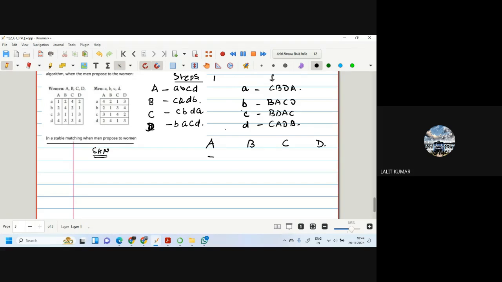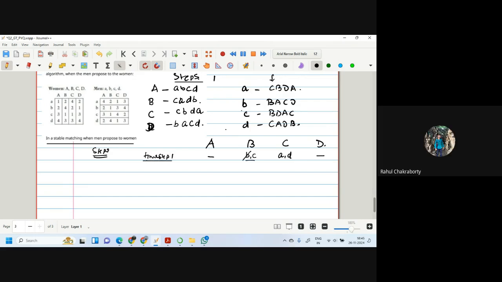B will be proposed by B and C. C will be proposed by A, and D will be proposed by none. Now we see B and C. We go to B, we see which is the higher preference. So it will strike B. So this is time step one.